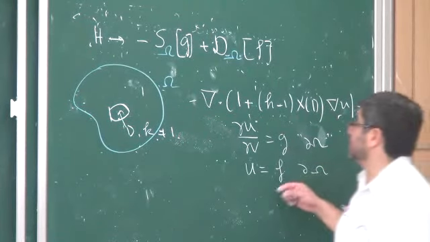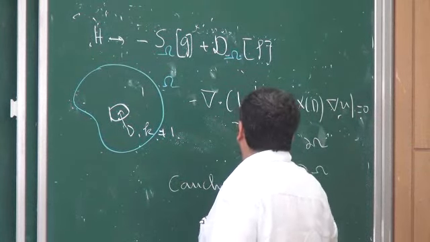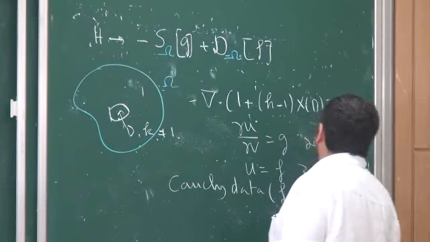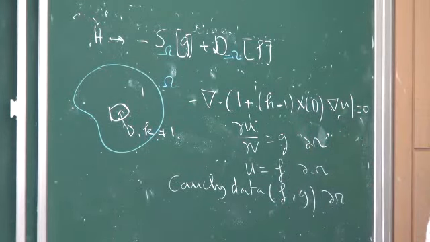So we have this Cauchy data, F and G. This is given, these are the input.